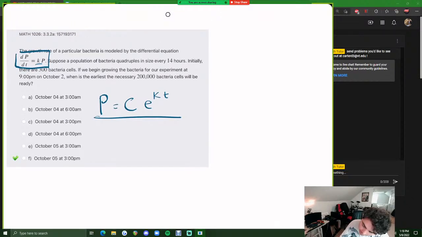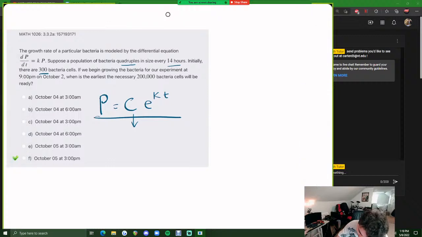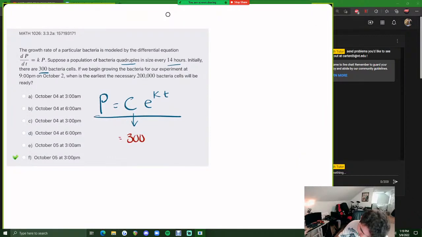They tell us that the population quadruples every 14 hours. They say initially there are 300 bacteria cells. The initial value is always the C value, this constant out in front. What we want to do first, I believe, is solve for k.